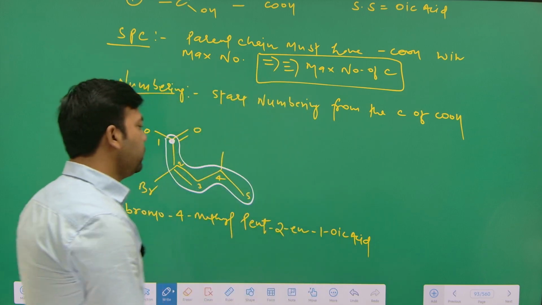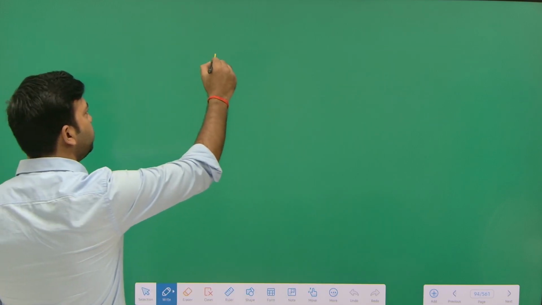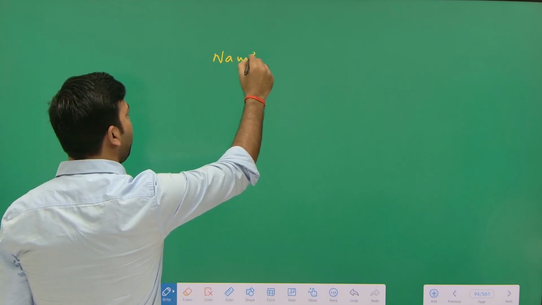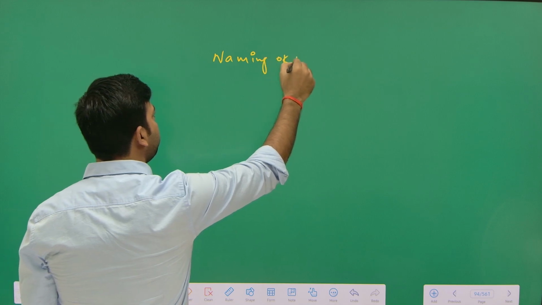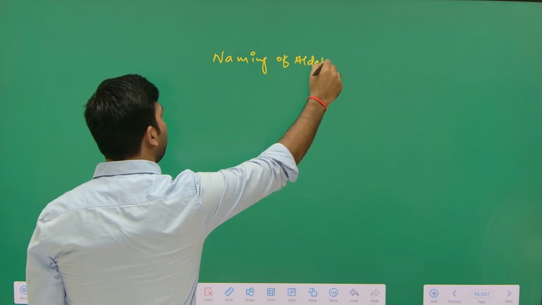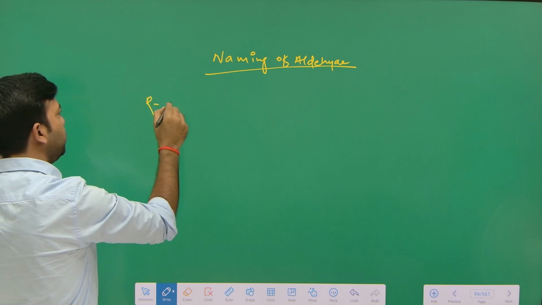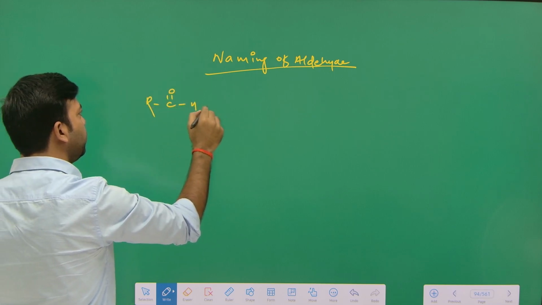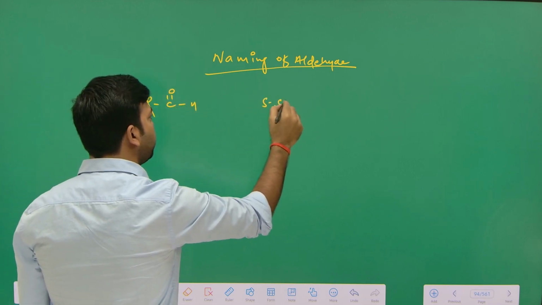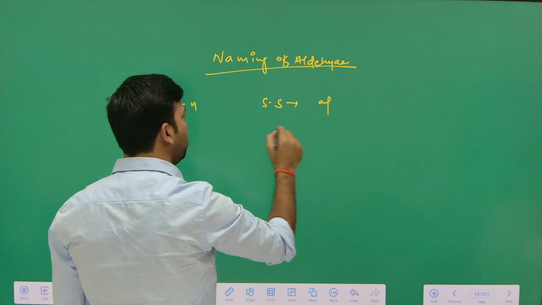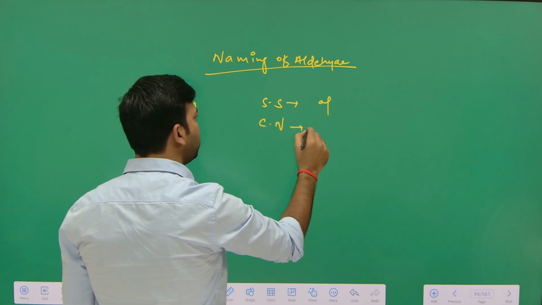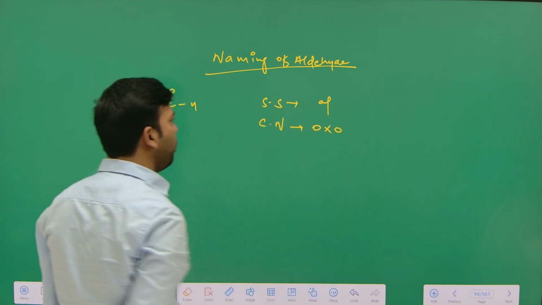Now the next one is naming of aldehyde. This is called the CHO group, which is my aldehyde. The secondary suffix is al, and its common name is oxo. I will tell you what is the role of the common name.